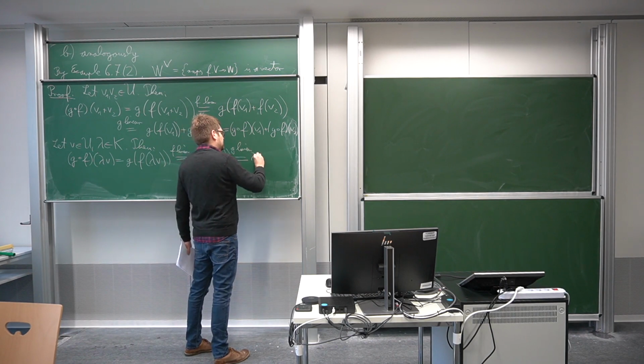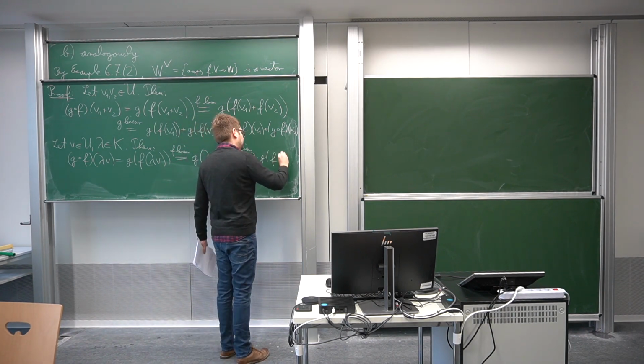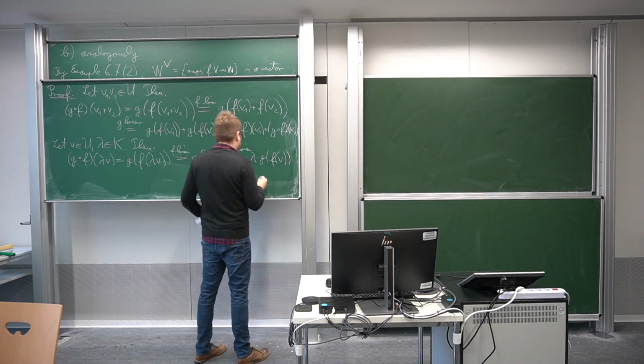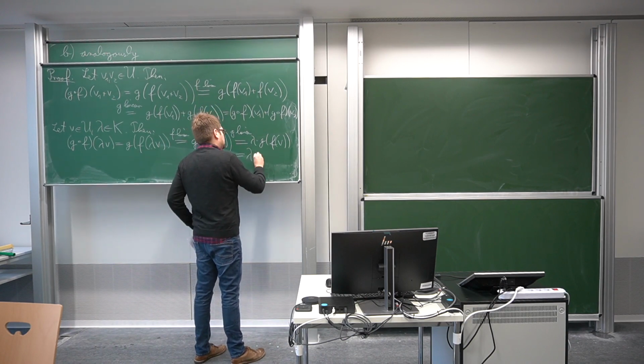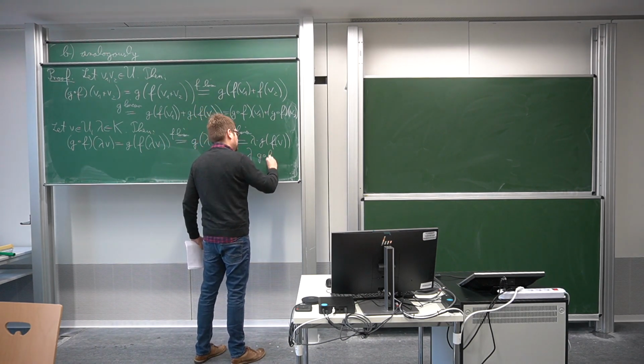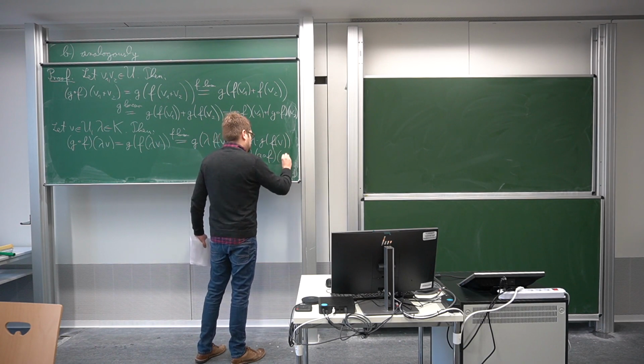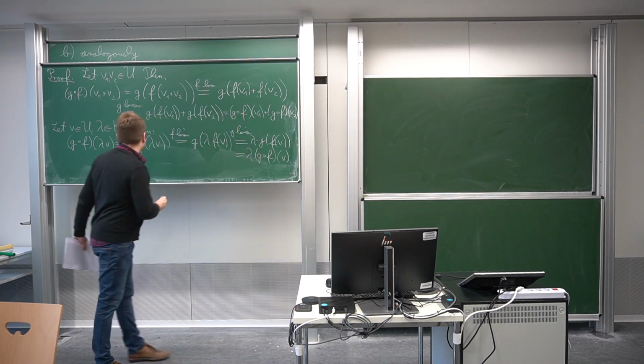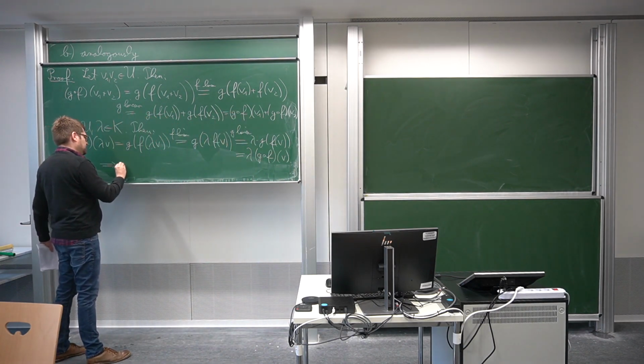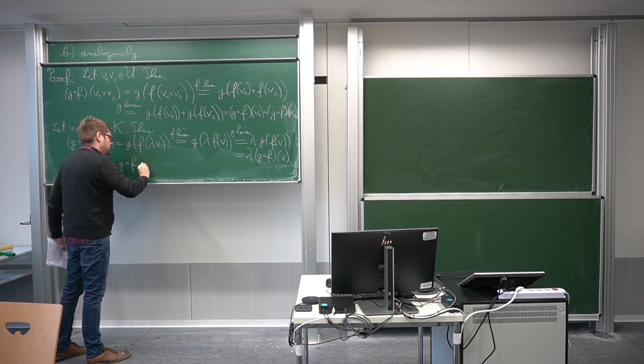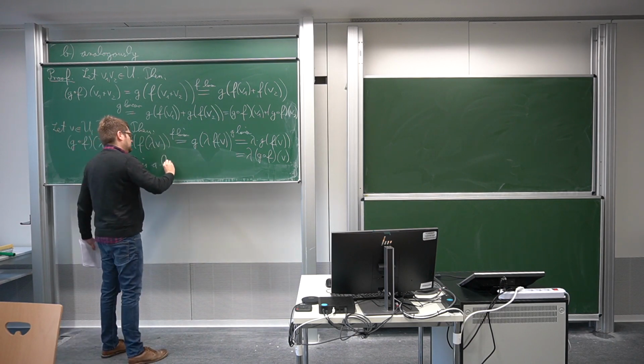So this is lambda times G of F of V, which is lambda times G composed with F of V. So this shows the two properties, so it follows that G composed with F is a linear map.